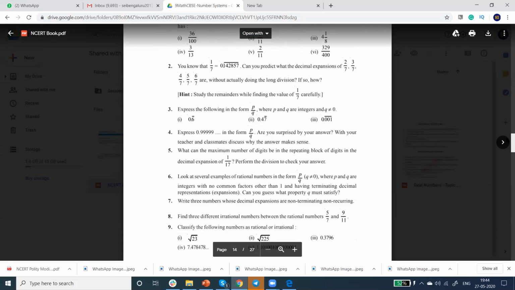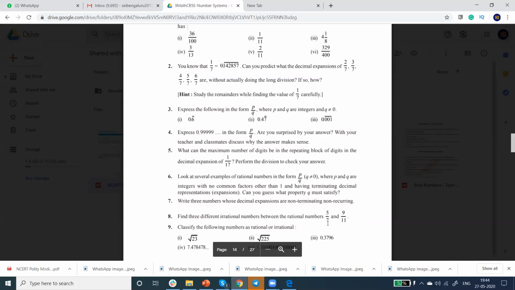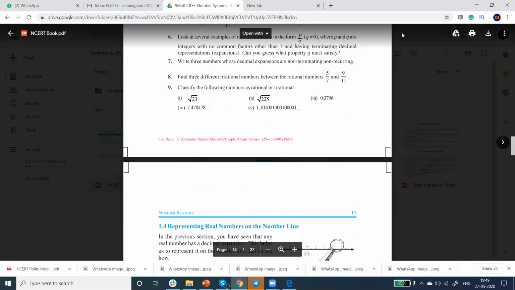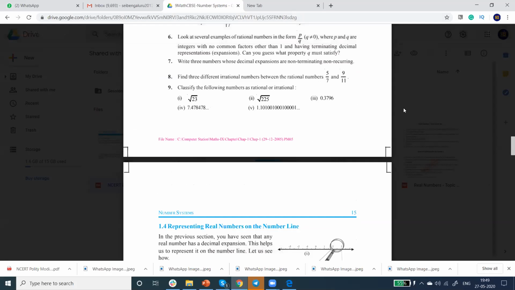Now, find three different irrational numbers between the rational numbers 5 by 7 and 9 by 11. Can you do this example? First: 0.7142765349.